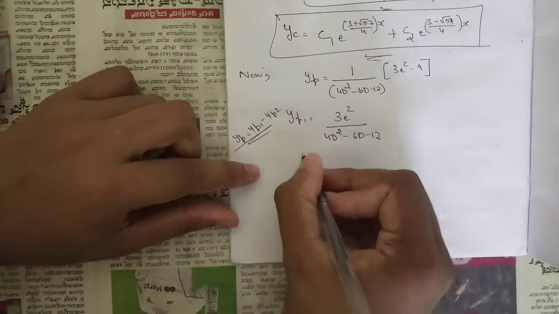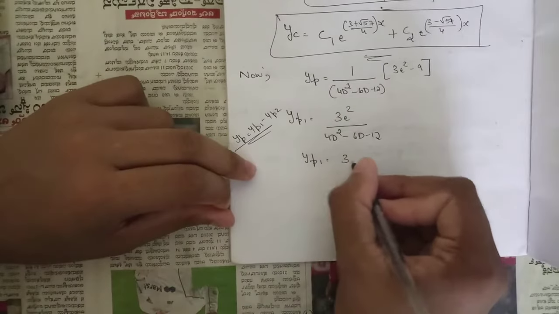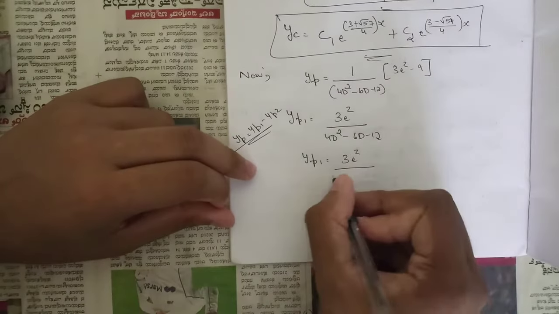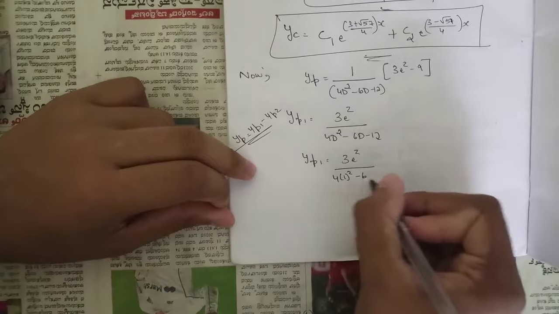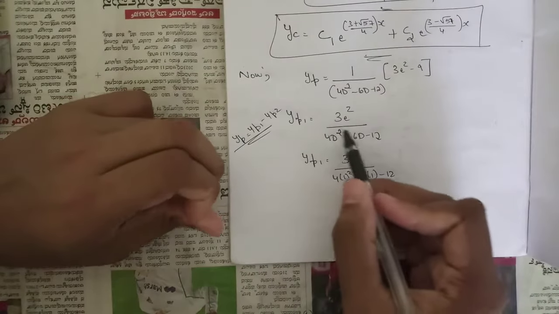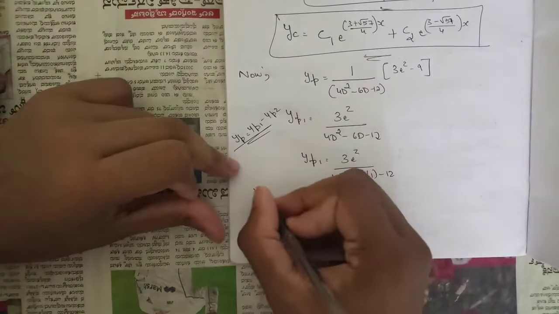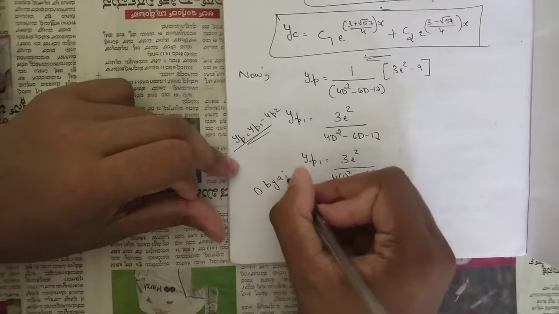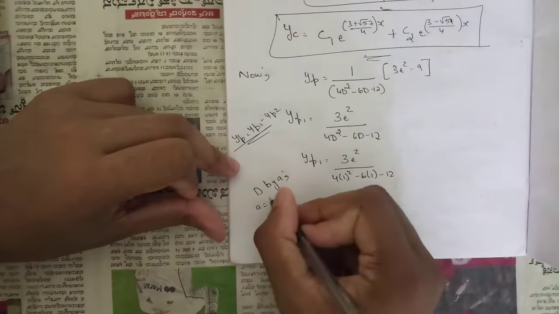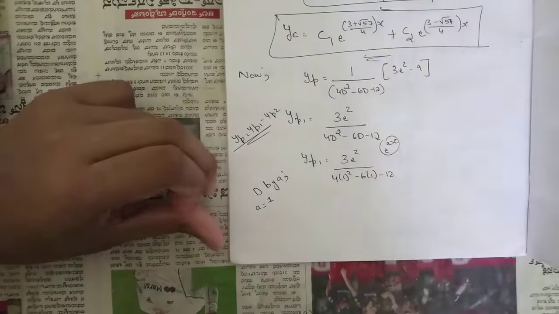So now let's solve for yp1. Here the value of a is 1, so 3 e power x divided by 4 into 1 square minus 6 into 1 minus 12. You know how I have substituted the value of D as 1, since we have solved so many problems. Okay, I'll write it again. We need to replace D by a, and the value of a here is 1, right? This is of the form e to the power ax, first type.